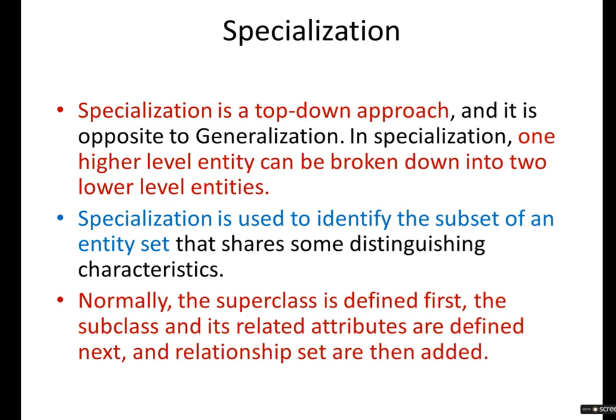In specialization, one higher level entity can be broken down into two lower level entities, and we saw in generalization that two lower level entities combine to form one higher level entity if they have common attributes. Now in specialization we see one entity that can be broken down into lower level entities, that is, one or more entities.